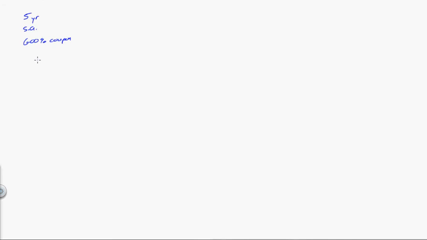But now I want to say the yield to maturity is 5.8%. So everything is the same. N is equal to 10. Payment is equal to 30. Future value is equal to 1,000. The interest rate is 5.8 divided by 2.